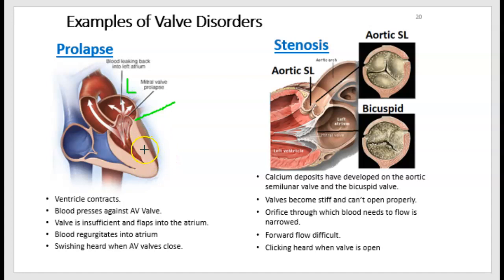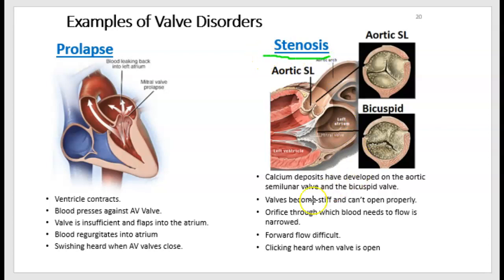When the left ventricle contracts and blood is going to squirt out the aorta, some blood is able to go backwards into the left atrium because the bicuspid valve did not close properly. In that instance, you'd hear a kind of swishing, a turbulence, as the blood regurgitates into the inappropriate chamber.